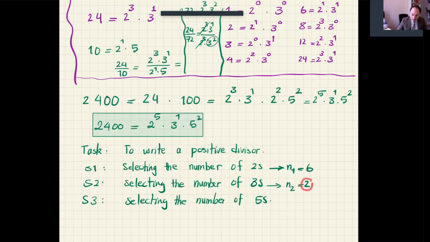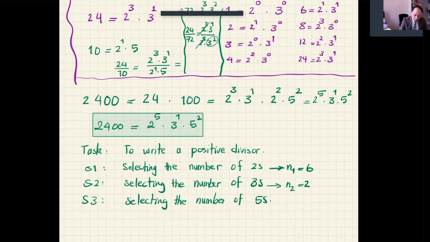Is this 2 independent of how the first stage is done? The answer is yes. It doesn't matter how many 2s I have chosen in the first stage. I have 2 options available for the number of 3s.